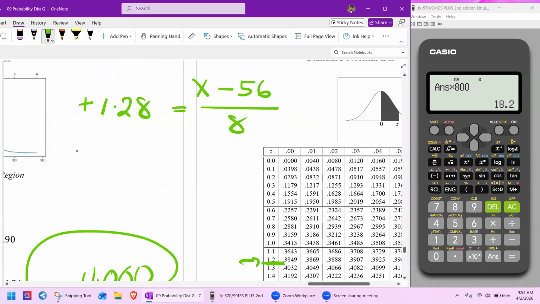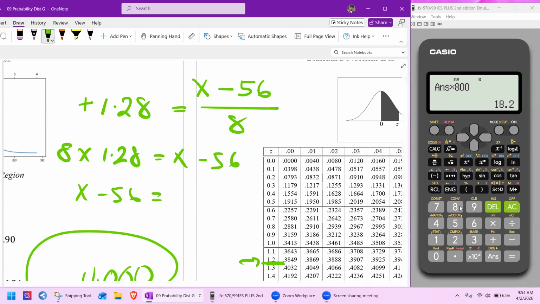So 8 into 1.28 equals x minus 56. X minus 56 equals 8 into 1.28, which equals 10.24.